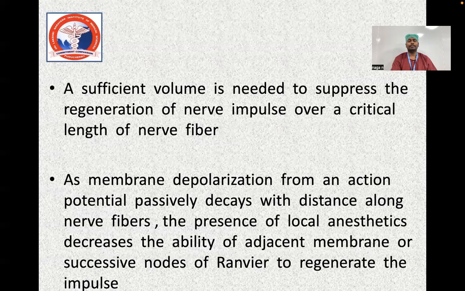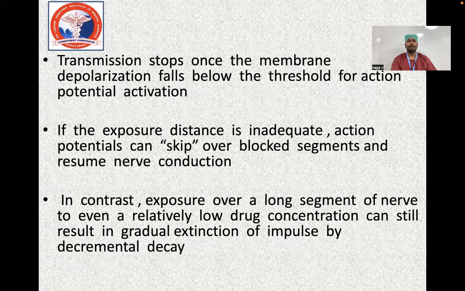As membrane depolarization from an action potential passively decays with distance along nerve fibers, the presence of local anesthetic decreases the ability of adjacent membrane or successive nodes of Ranvier to regenerate the impulse. Transmission stops once the membrane depolarization falls below the threshold for action potential activation.